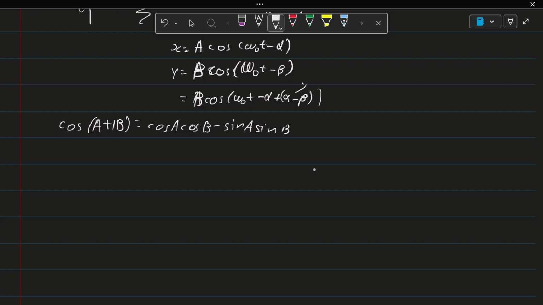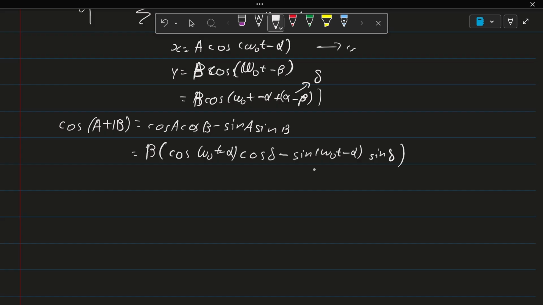So if you denote this to be the delta, we could get this to be b times cosine omega 0 t minus alpha cosine delta minus sine omega 0 t minus alpha sine delta. And so you could denote the cosine of omega 0 t minus alpha to be x over a.